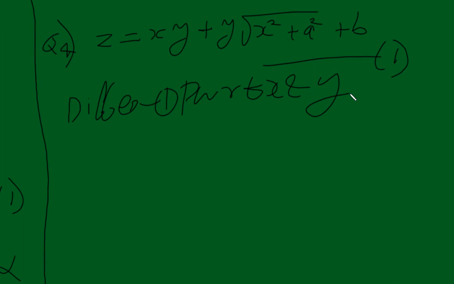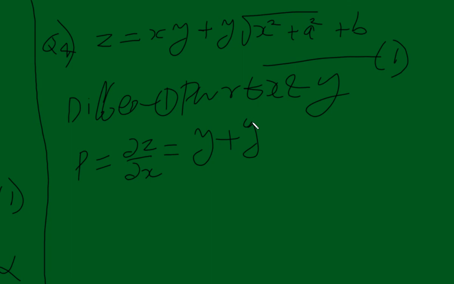So here we will get p, which is dou z by dou x, is equal to y plus, okay, so here y into, we already know the differentiation of root x, what is the value? 1 by root x.